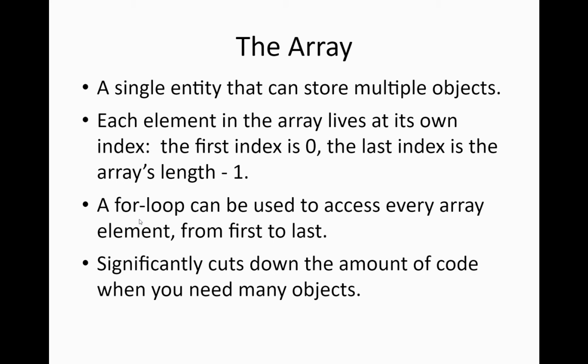Because if we have a whole lot of values that we want to cycle through, or even objects that we want to run the same sort of code on, instead of individually calling those individual variables, we can put them into an array, and then we can loop through that array with a for loop, and then the same code can be run on each of those individual elements without having to rewrite all of that code over and over again.